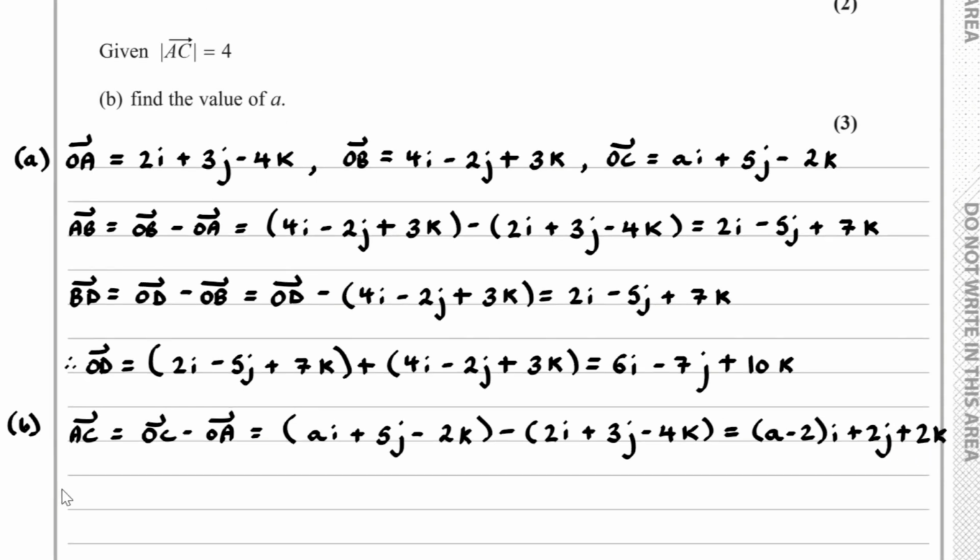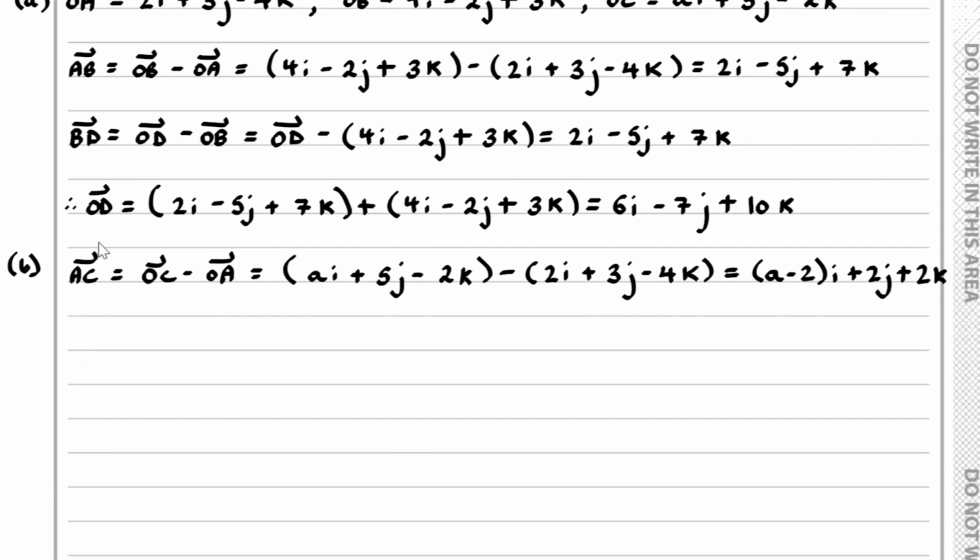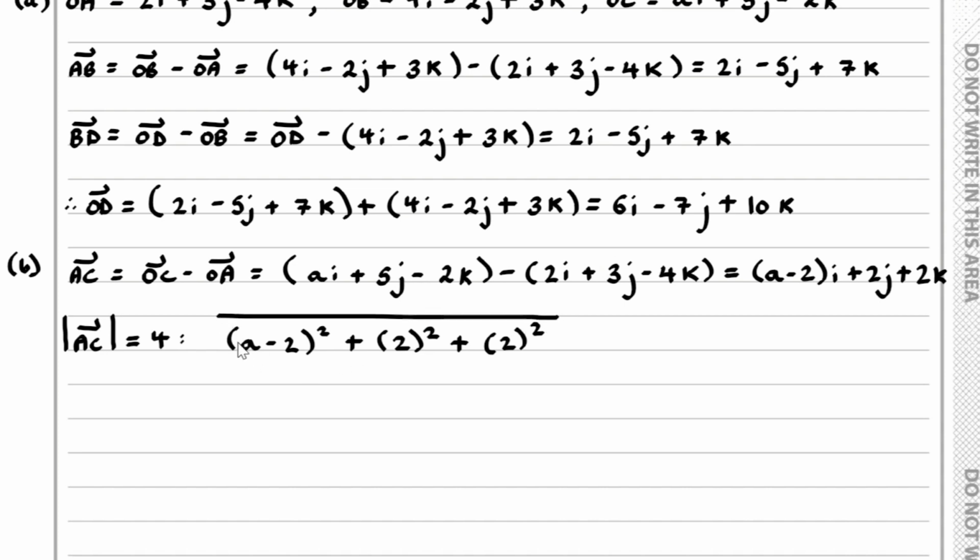Now I know that the magnitude of AC, that's equal to 4. Now how do I find the magnitude of a vector? I square each of the components and then add them together and then square root. So I've got a subtract 2 squared plus 2 squared plus 2 squared and then square rooted.